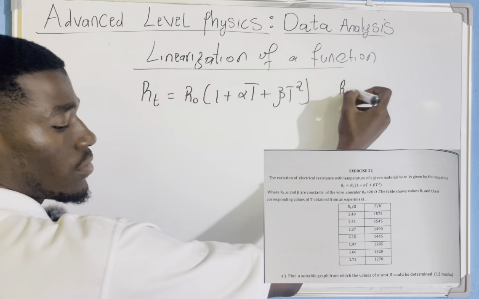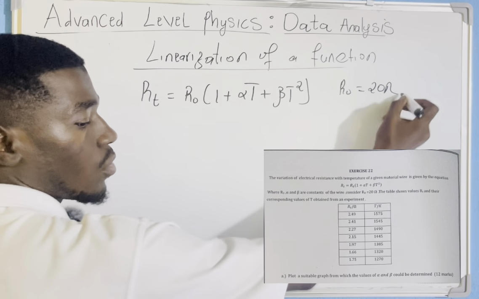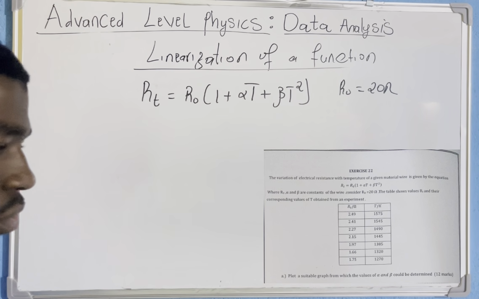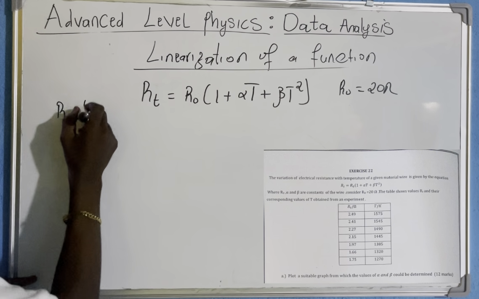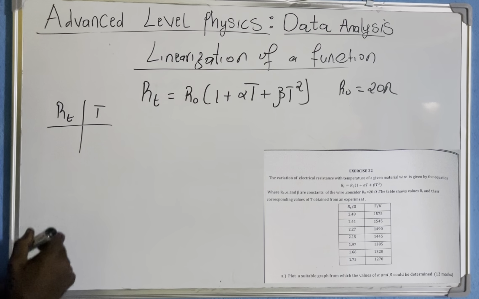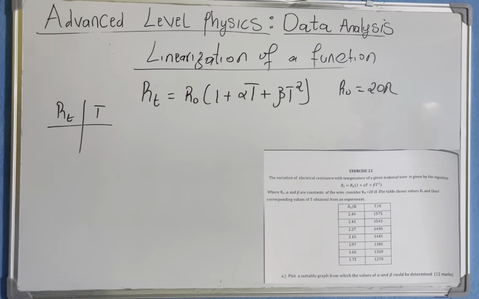Consider R0 to be 20 ohms. The table shows values of RT and their corresponding values of T obtained from an experiment. So we have a table of RT against T. It means that you should already have an idea of who should be on the y-axis and who should be on the x-axis.